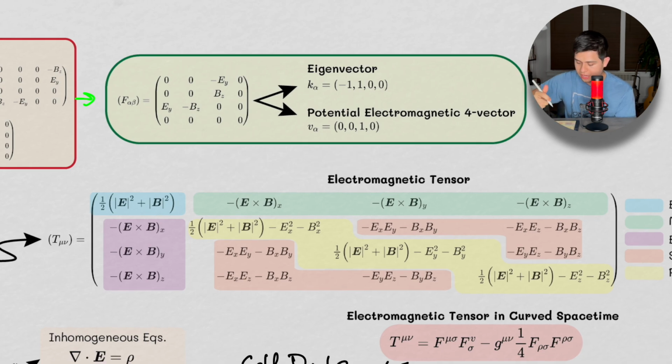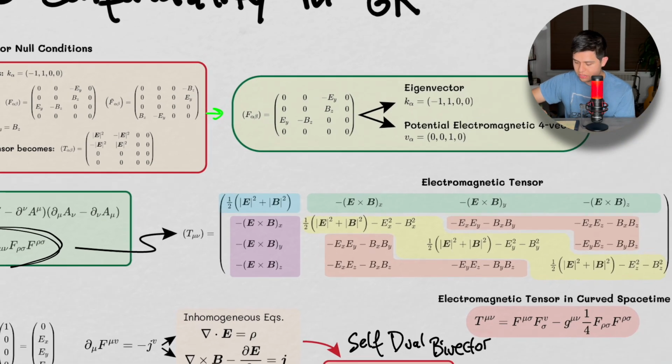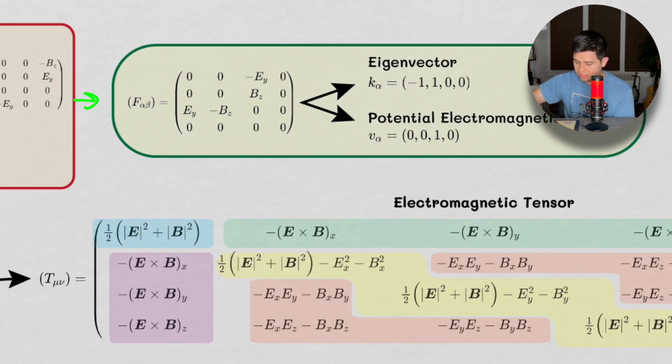And you should be able to get something that looks like this, right? Because you multiply this by this, well, you get that EY component. Do the same, and you get the BZ component.